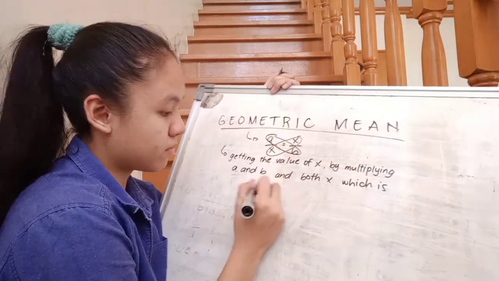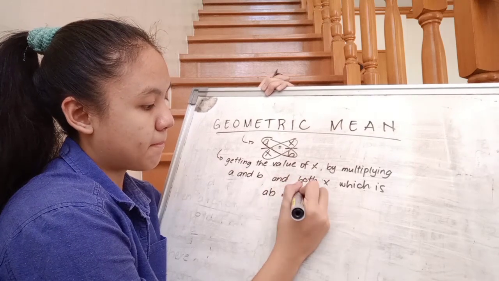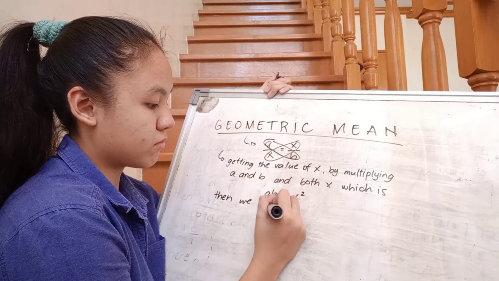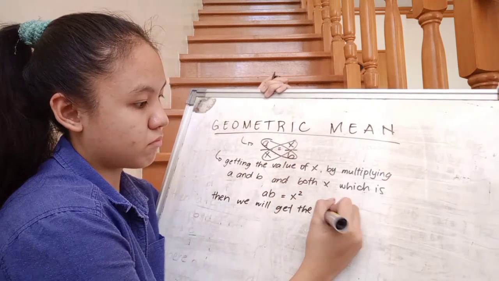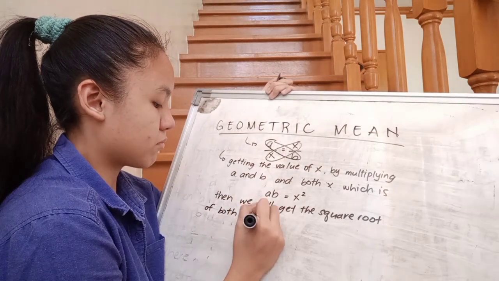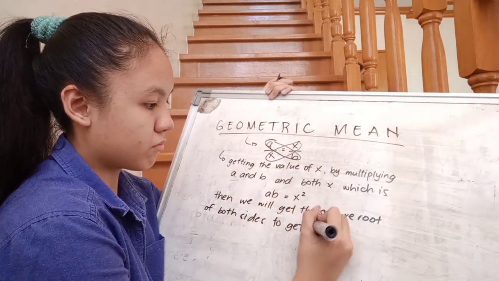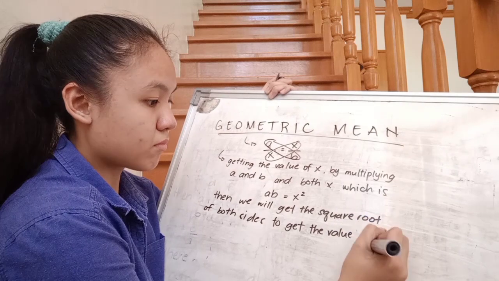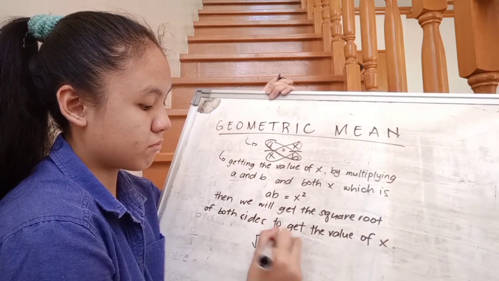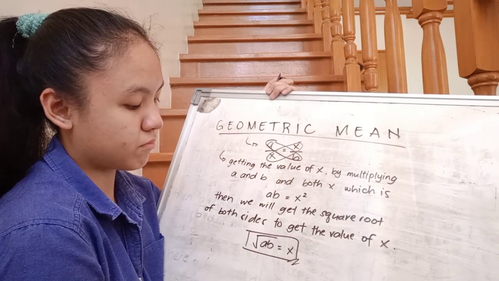So we're still using the cross multiplication, which is a multiplied to b equals x squared, but only needing x, we will get the square root of both sides. So, x is equal to square root of ab.